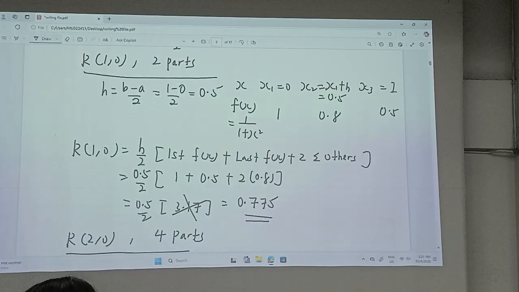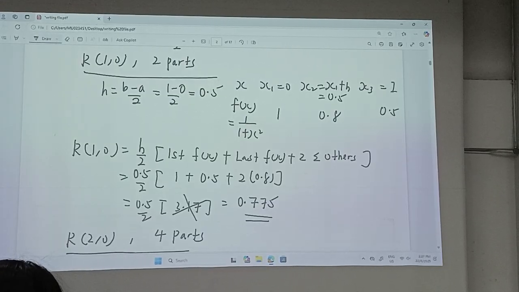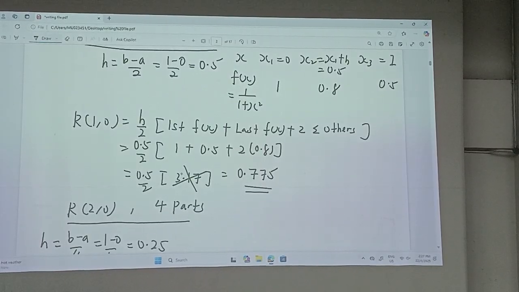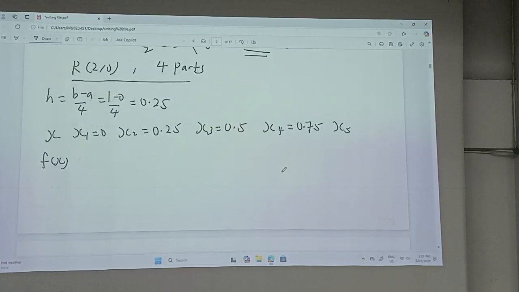Correct. 0.5. Correct. Okay, it's correct. Okay, x5 equal to 1, right?